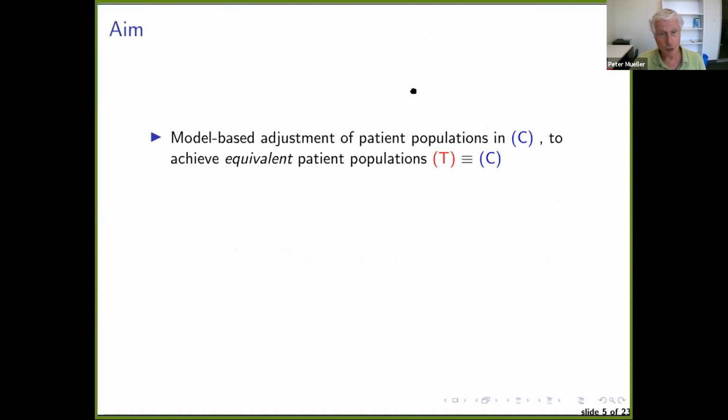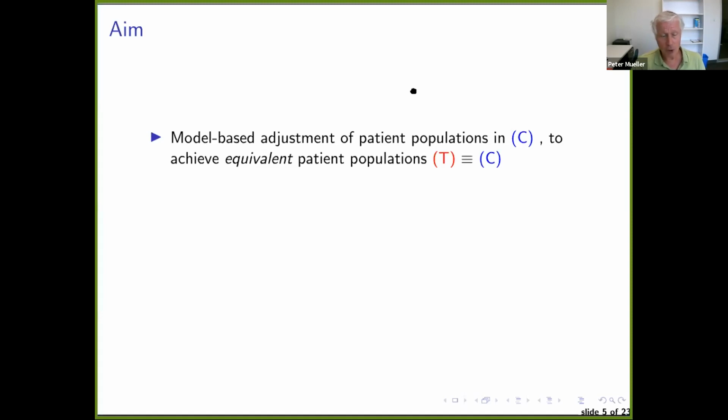So here's how we want to go about it. A few-line summary, essentially talking you again through the scheme that I had already on the title slide with the stylized cartoons there. What we want to set up is an approach that allows us to carry out what we refer to as model-based adjustment of the blue patient population.